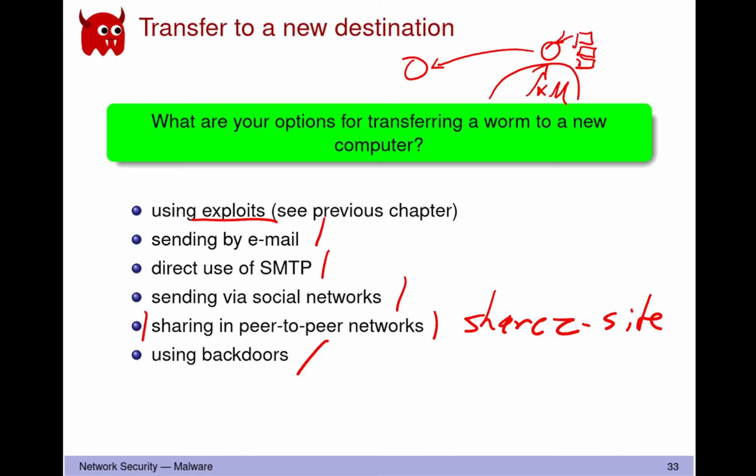So if there's some kind of software created and the administrator wants to maintain the right to get some additional access, then he could implement some kind of backdoor which can then be used to drop files again. So there are many options depending on the scenario that you're in.